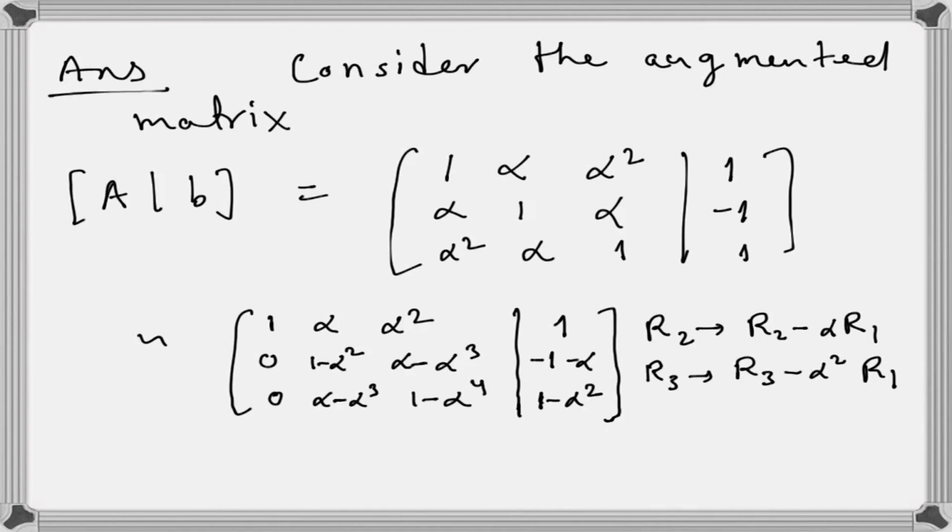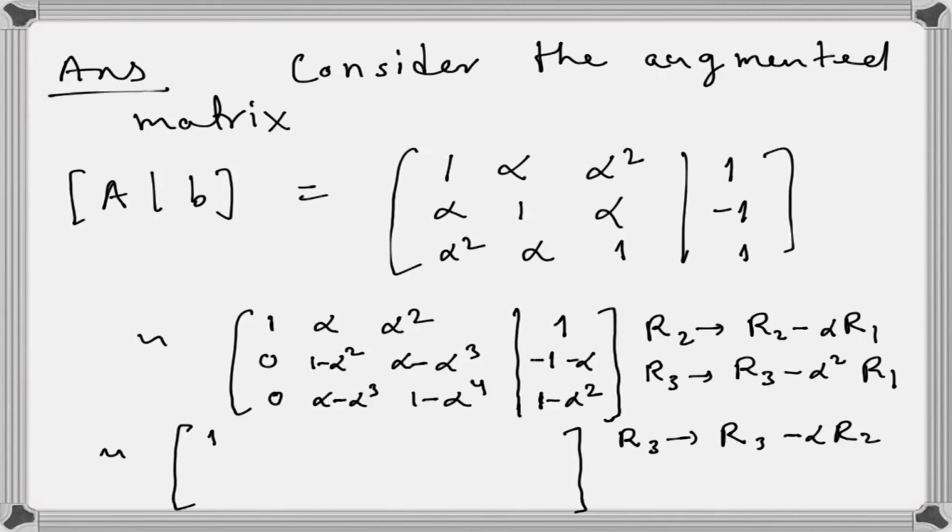So to decide on the rank, we need to make one more 0 in the third row. Let's see what operation we should do. I will replace R3 with R3 minus alpha times R2.